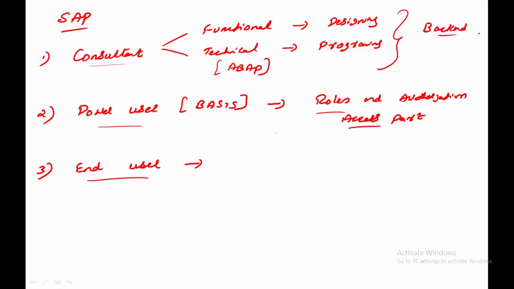He is going to decide which material should be compared, what the price is, and in how many days it will get delivered. Everything it shows, that layout and design, is designed by the consultant. So these are the different levels of jobs we have in SAP: level 1, level 2, and level 3.